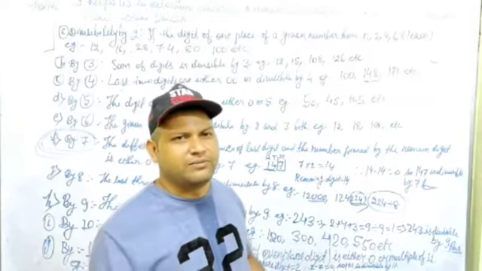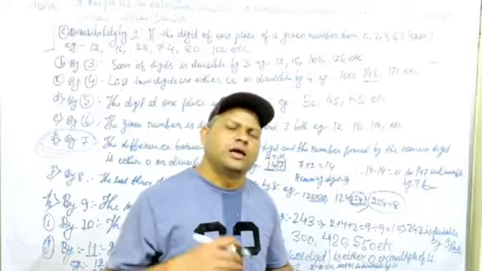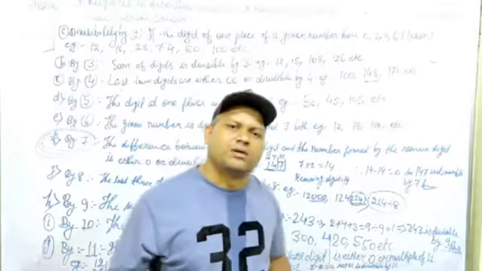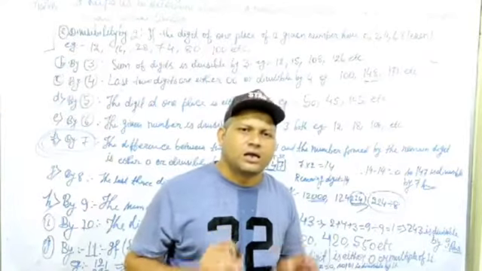It means 11, 22, 33 and so on. Then we can say that the given number is divisible by 11.